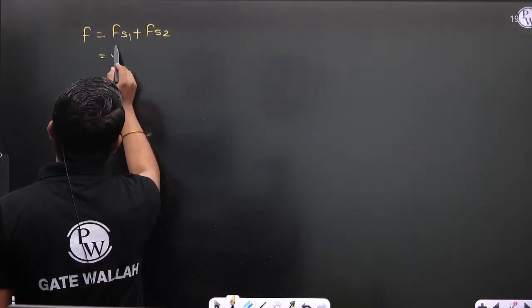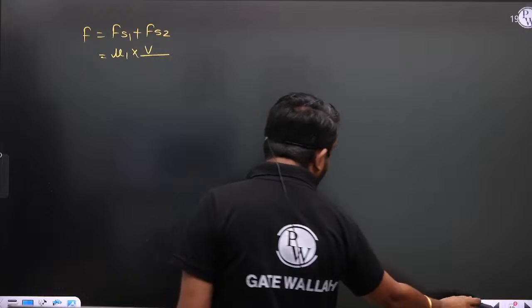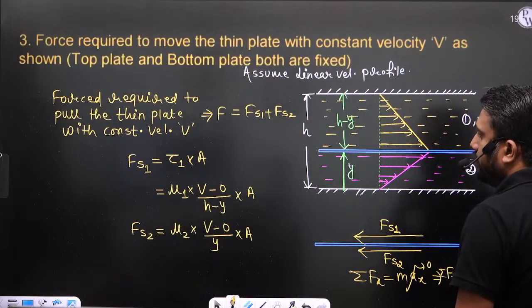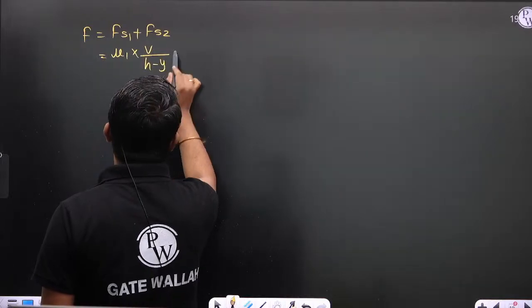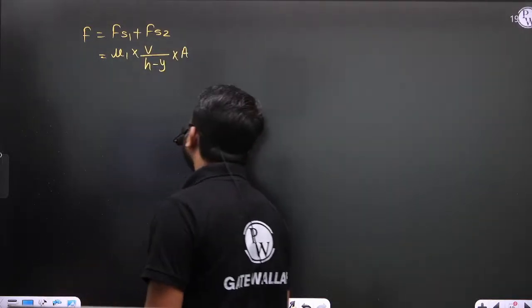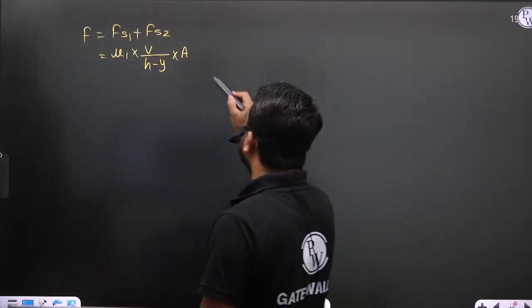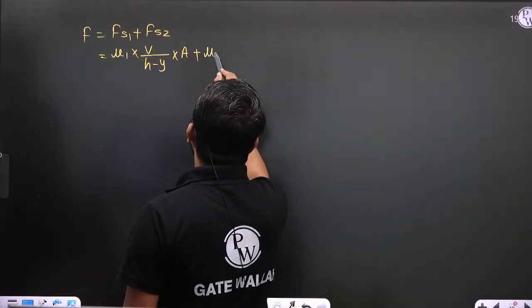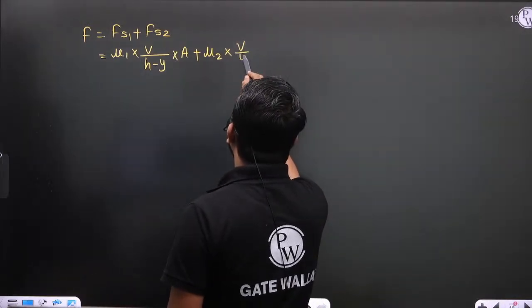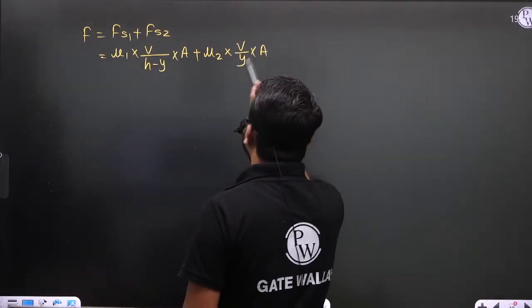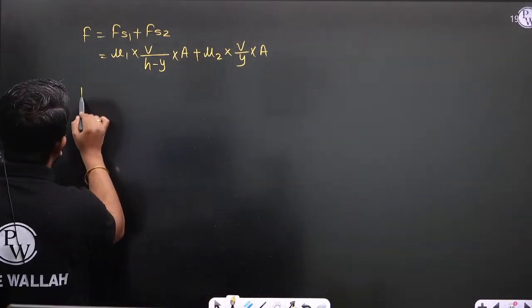So this is equal to mu 1 into v upon h minus y into area A, plus mu 2 into v by y into A. Right, so this is the total force.